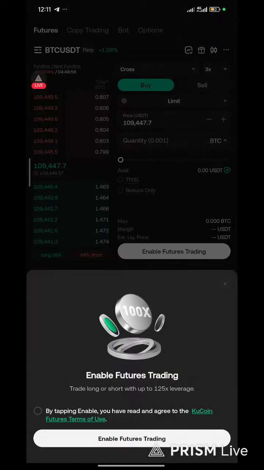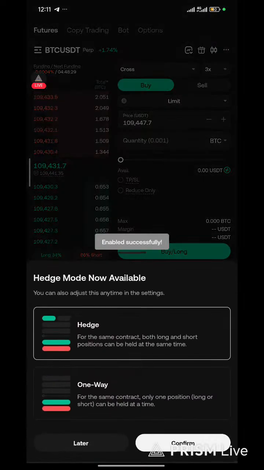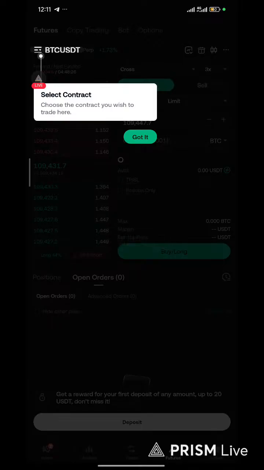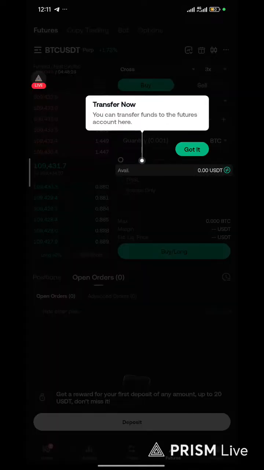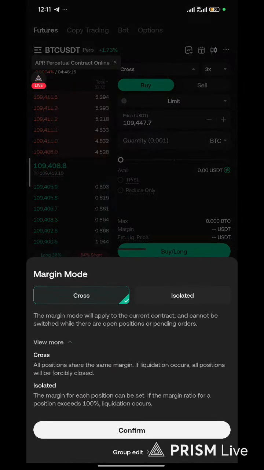This one you can do on your own before you start trading. This is the margin mode.